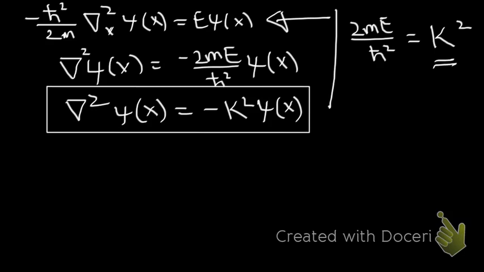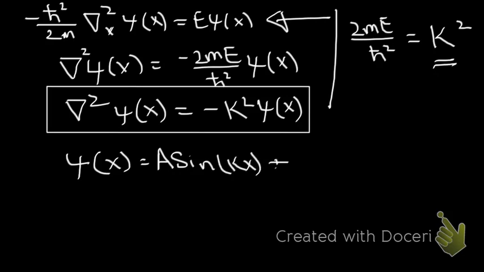The solution for this, we know, is as follows: psi of x is equal to A sine of kx plus another constant B cosine of kx. So it's a periodic, sinusoidal function, and the energy eigenstate wave functions throughout our space will be written like this.